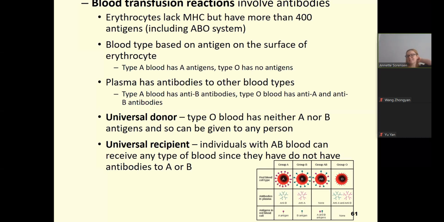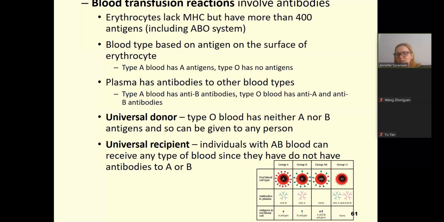So somebody with blood type B could not donate blood to somebody with blood type A. Somebody with blood type A could only receive blood from group O, because it doesn't have any antigens on the surface of the cell.